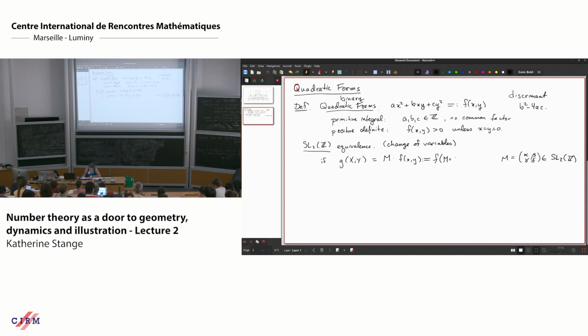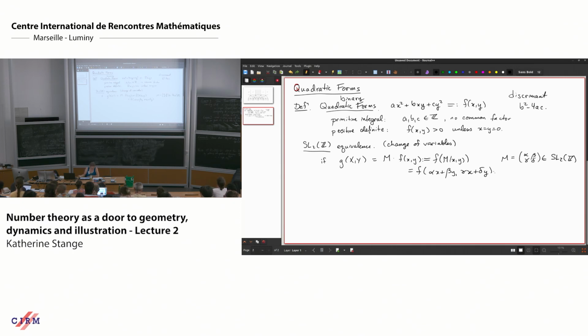So I'm going to apply m to the variables x, y. That means quite literally alpha x plus beta y and gamma x plus delta y. Okay, so this is just a linear change of variables. You're still going to get a homogeneous quadratic form. And it's going to have lots of the same things that you might be interested in about your form. So in particular, it'll take the same values.